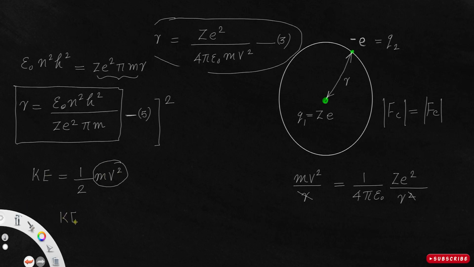So kinetic energy is equal to half, m v square is this value, 1 by 4 pi epsilon 0 z e square divided by r. We have r from equation 5, that is epsilon 0 n square h square divided by z e square pi m.